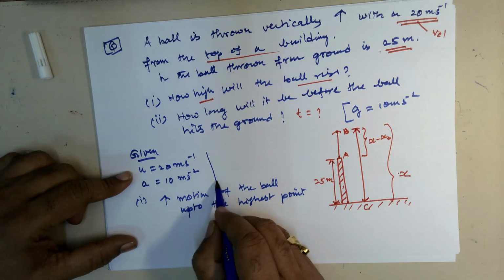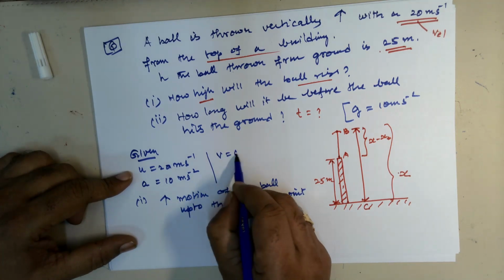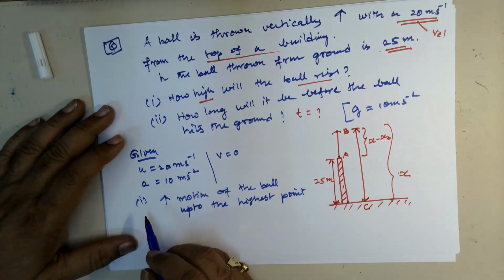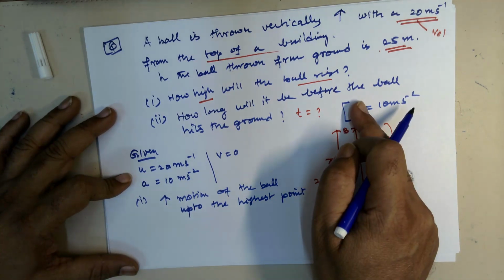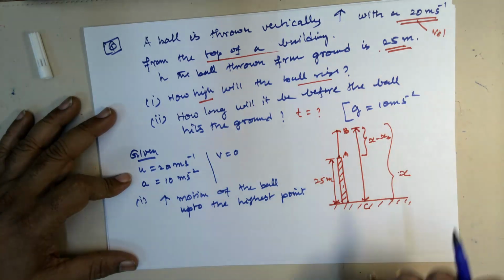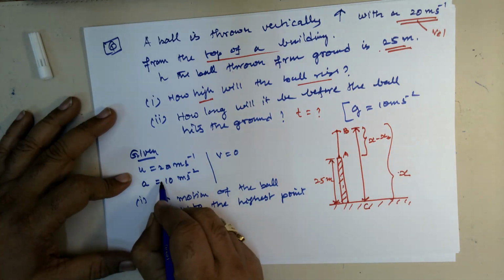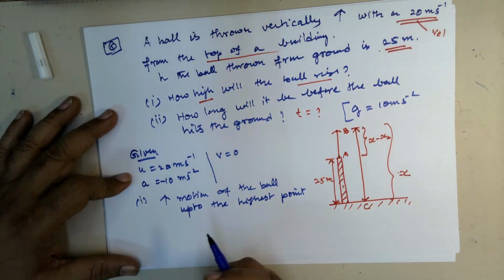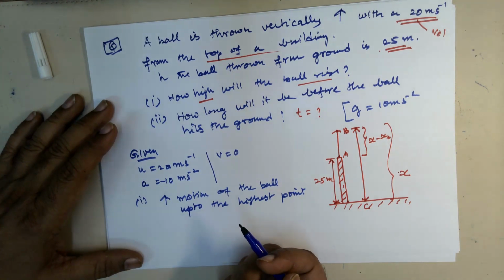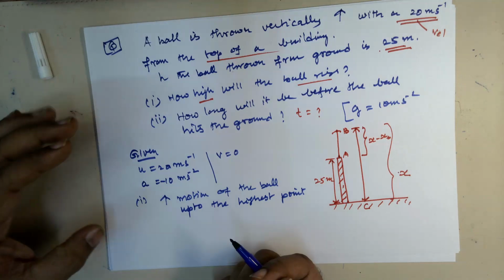Is it not? The final velocity is zero and it moves upwards. It means that it is against the gravitational pull. So it is taken as minus 10. Take down. So when it moves upward, you have to consider this as minus 10 meter per second square.